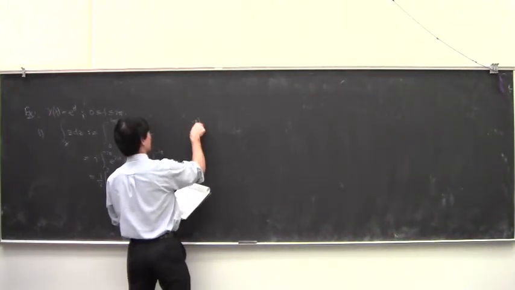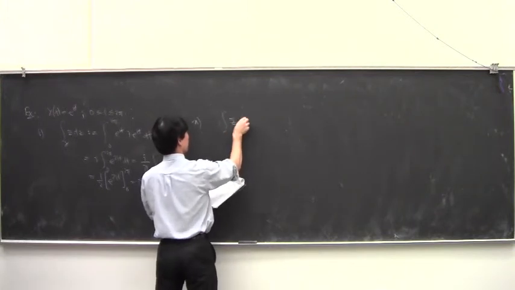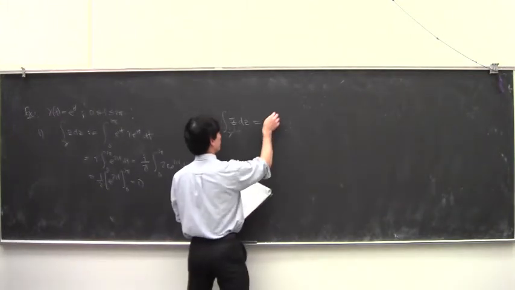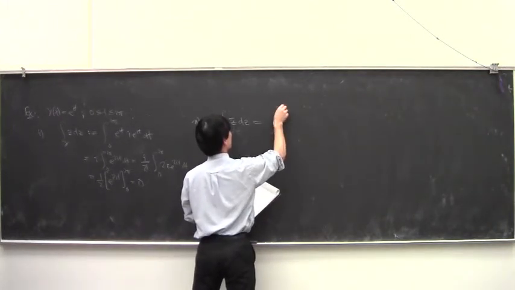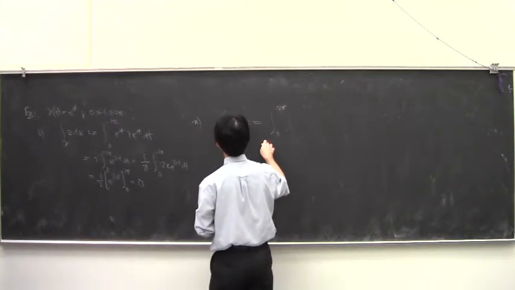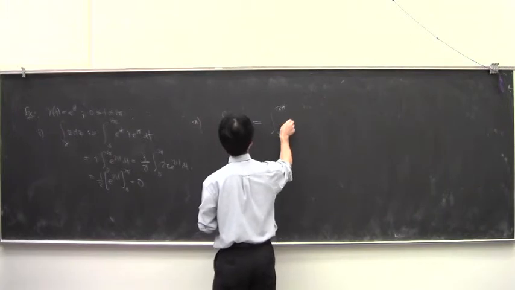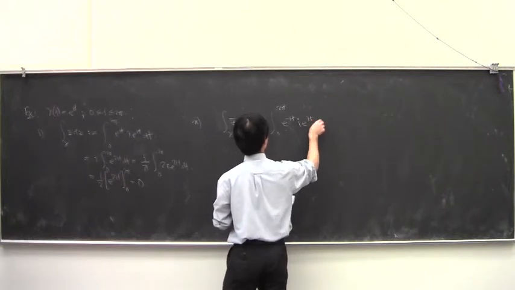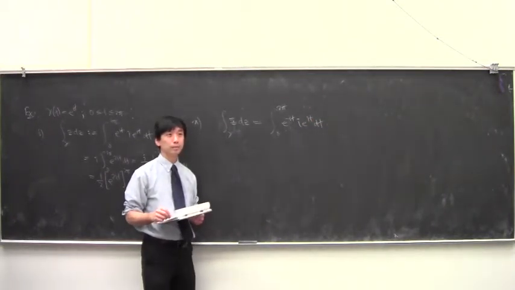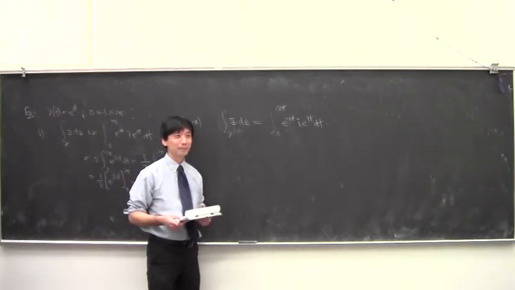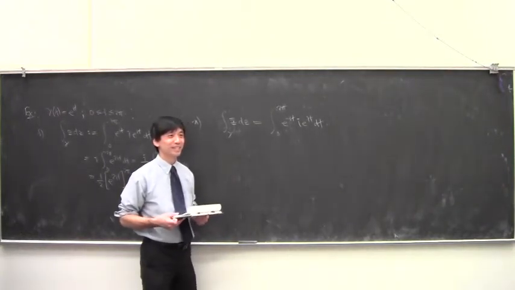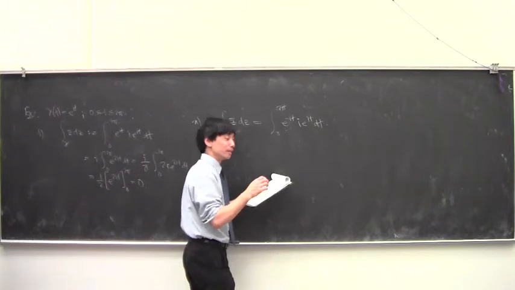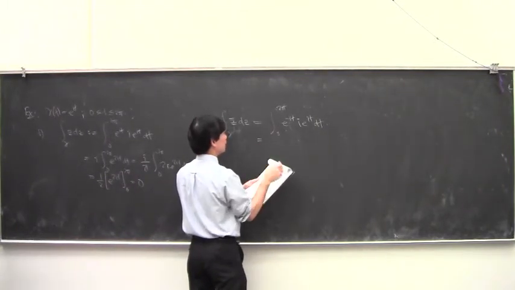Second example. Suppose you're asked to do the same thing, but now for z bar. Now you're going to get the integral from 0 to 2 pi of gamma bar, which is e to the negative it, and then, as before, gamma prime.